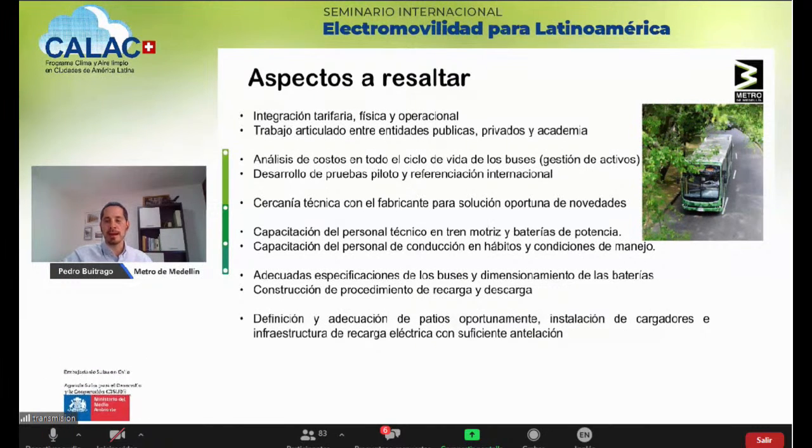It's also important to build procedures of charging and discharging. You need to know how to take care of the battery over time, how to go through those cycles of charging, discharging, when, at what time, under which conditions, to which percentage of charging and discharging I should take the buses, because we need to be very careful with the batteries.